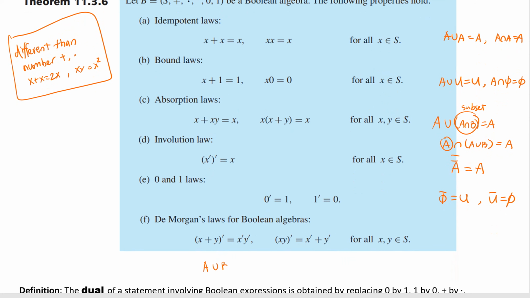A or B, complement, is A complement and B complement. It flips the or to and. And A and B, complement, is A complement or B complement. It flips the and to or. So far, so good, everybody? Use sets to help us understand those laws.